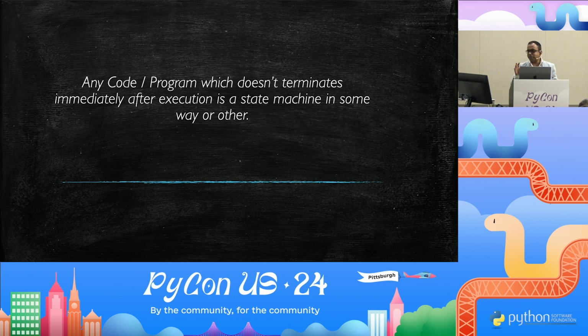If you write a very simple function that takes 2 numbers as input and gives you the sum, and after that the function terminates, it's not a state machine. But if it is running in a loop and keeps asking for 2 numbers and giving you the sum, that's a state machine. The state will be calculating or waiting for input. All software we write is actually a state machine in one way or another. Okay? And Celery is not an exception to this. You will have to manage states in Celery, or for that matter any system you create your software with.